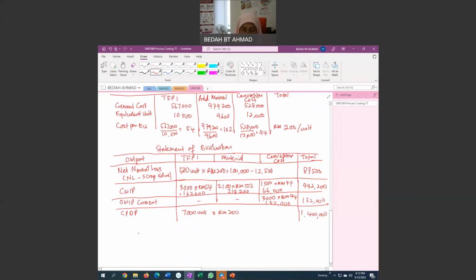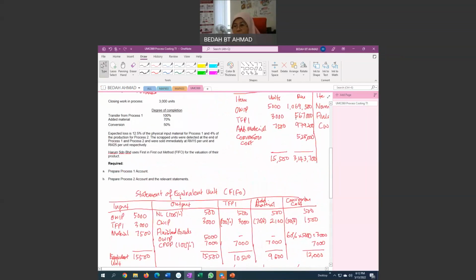Before that we need to calculate our finished goods valuation based on first in first out. The opening work in progress value is 1,069,500, which is in our accounts here.